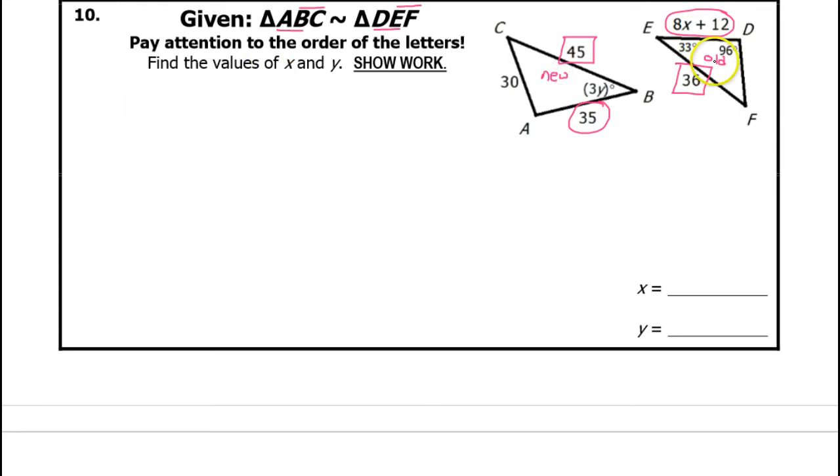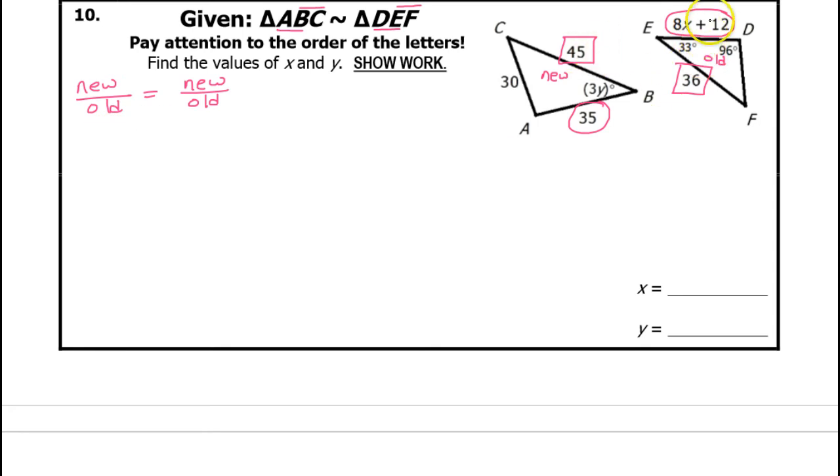But because the corresponding sides of similar triangles are proportional, then that means, for example, new over old should equal new over old. So that's what I'm going to do.